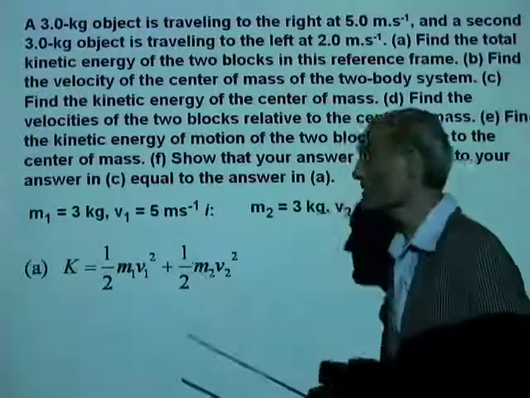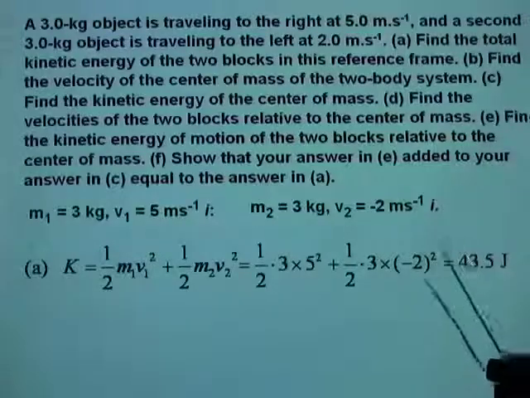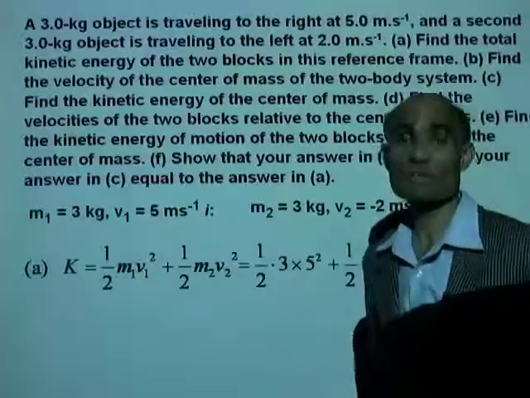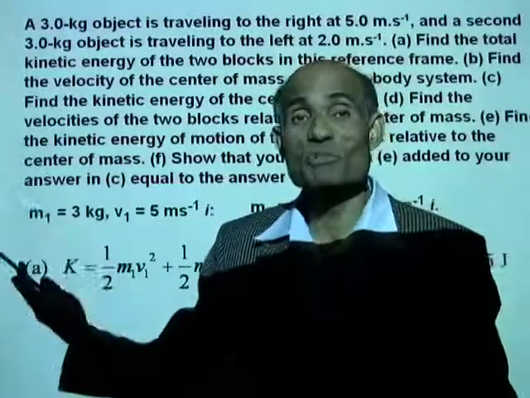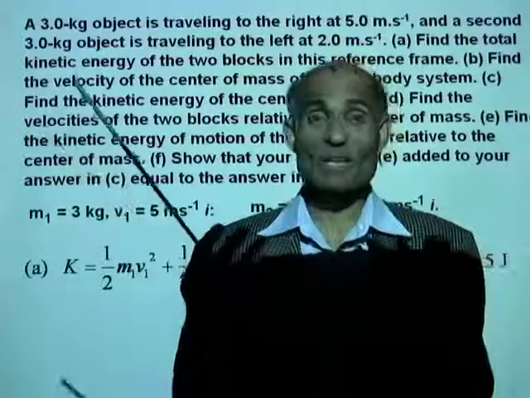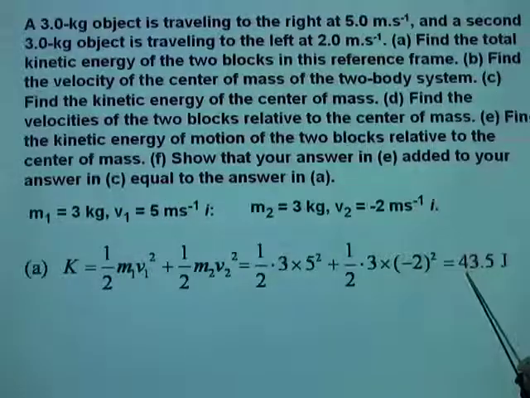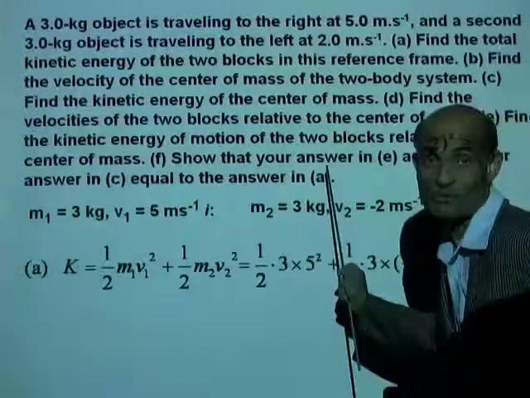Use all the given values and that gives you 43.5 joules. So this 43.5 joules is the kinetic energy of the two objects measured from the laboratory reference frame. Alright, would you remember this value? We need to remember this because we need it to do the last part.